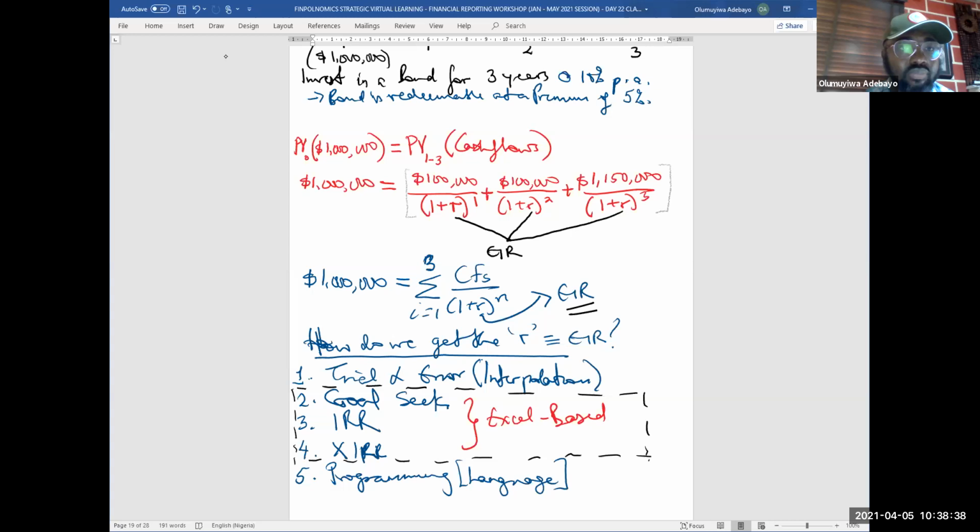That's the so-called effective interest rate, which in common finance is known as internal rate of return, or what is also known when it comes to bond markets as yield to maturity.